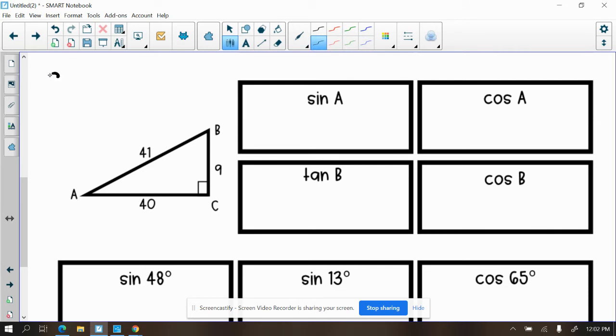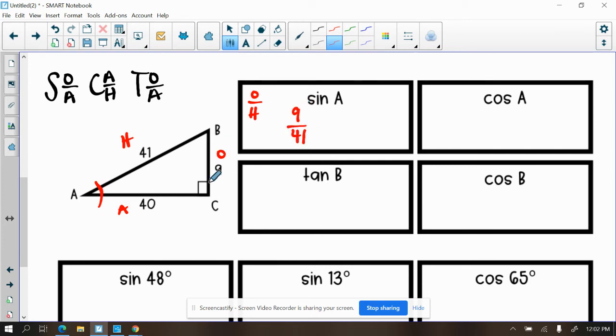All right, so again, remembering our SOH CAH TOA, these should be pretty simple now. Looking at angle A, opposite, adjacent, hypotenuse. Again, labeling those sides helps you. Sine is opposite over hypotenuse, so sine of A is 9/41.